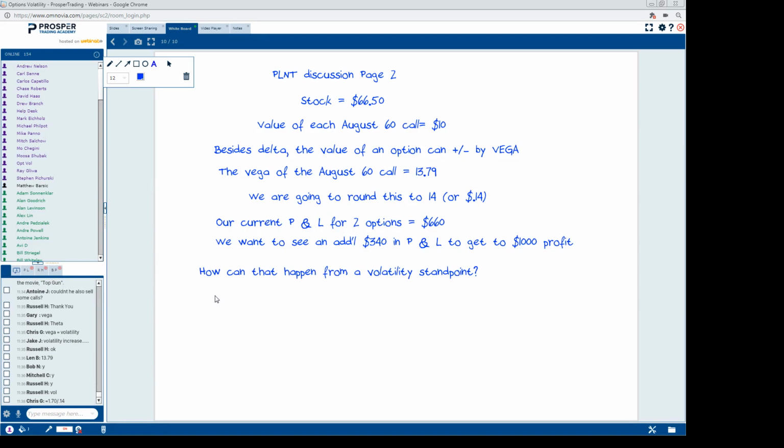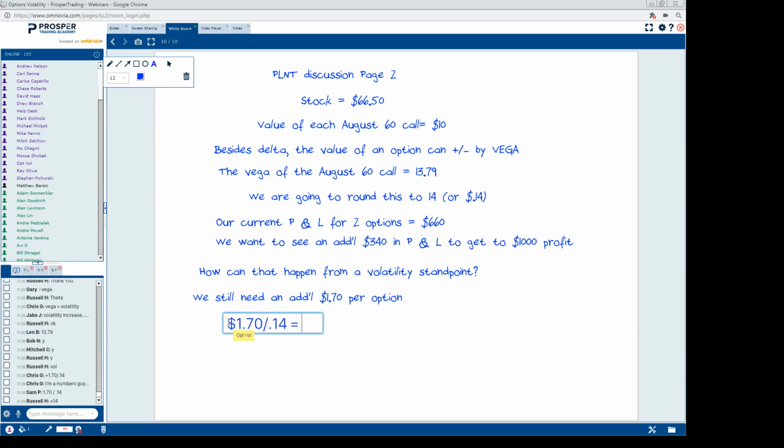Chris has it. We still need an additional $1.70 per option, right? We still need to see that increase. But now, instead of looking at it from a delta standpoint, if we use the same type of math, you got it, Sam, we need $1.70, and the Vega is 14.